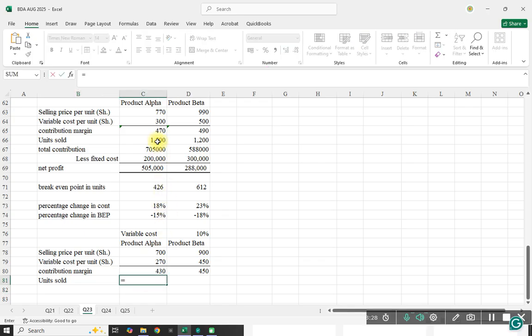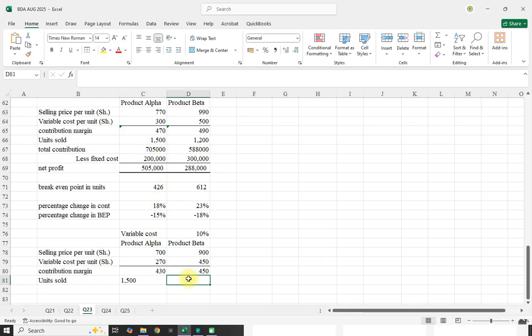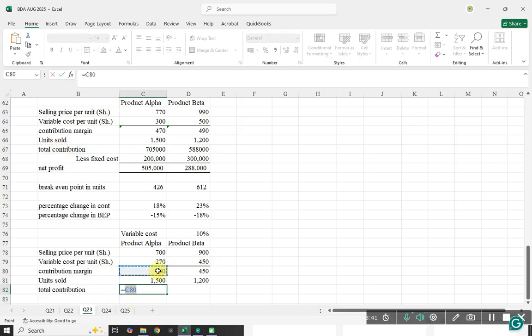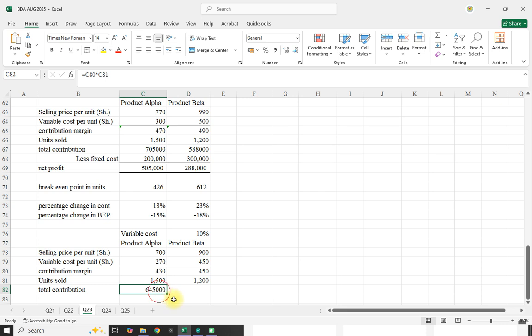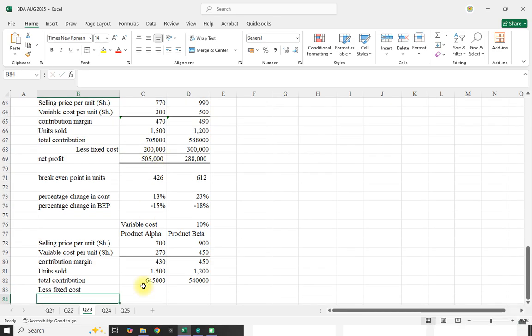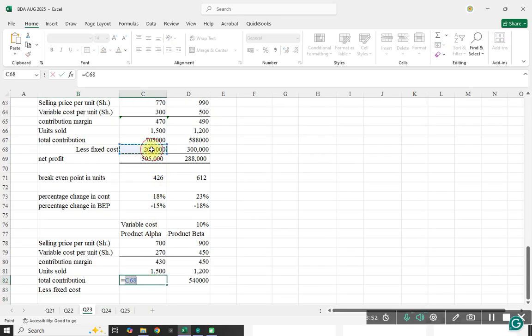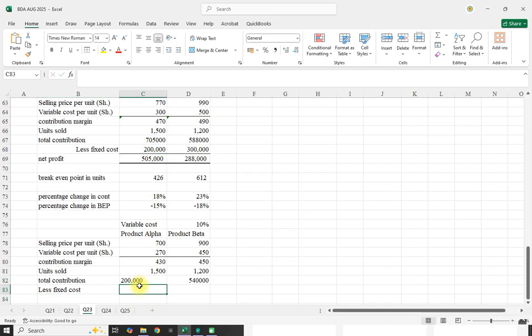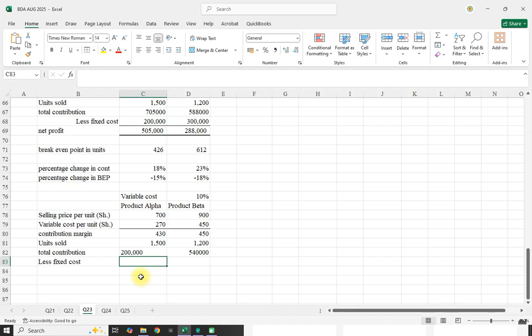The units sold, which will be 15 and 12, so that the total contribution now becomes this by this, and you less a fixed cost of 2, where is it?